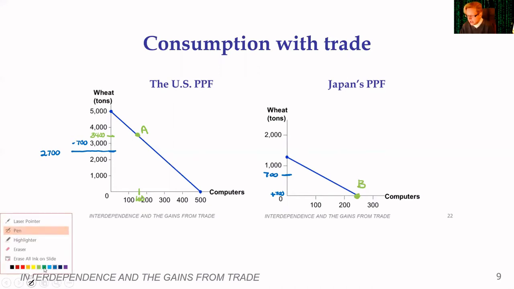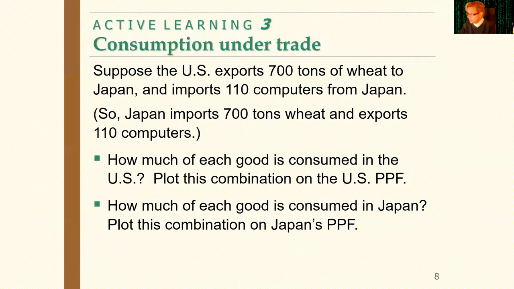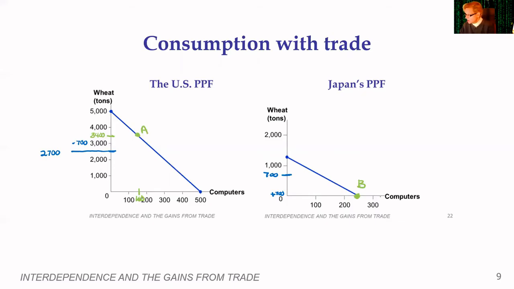Okay. And now we have a corresponding payment, if you will. So Japan is going to export to the US. I believe it was how much? 110 computers. So now right here we have 240. I'm going to subtract 110 from that. So that leaves me with 130. So approximately, right about there sounds good. 130.